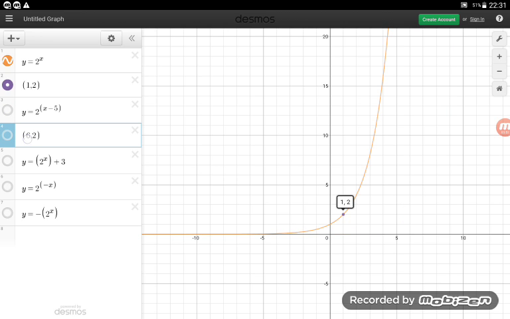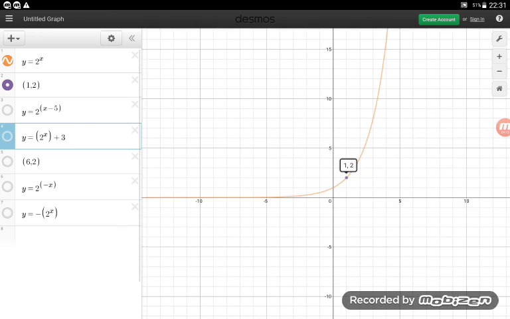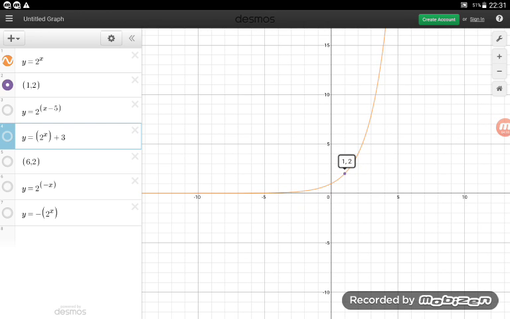Nothing new. Now, the next one, vertical translation. When we have vertical translation, we're adding a value to the entire function. So here I have 2 to the power of x, which is the original equation, and I'm just going to add a 3. We know that this is going to be vertical translation. And then what do you think will be the new location of this point (1, 2)?